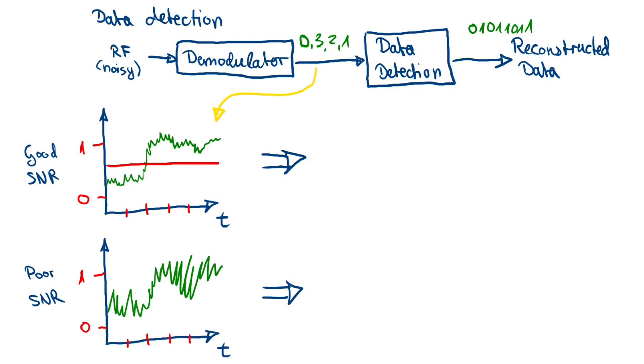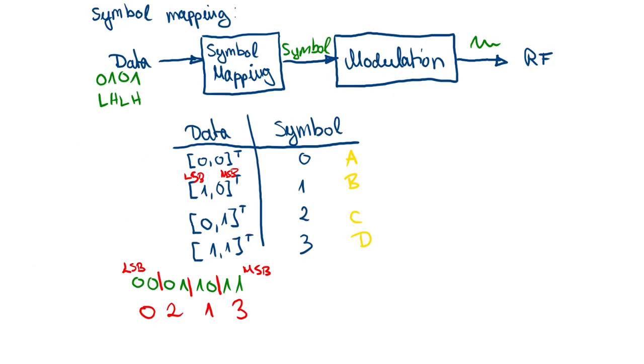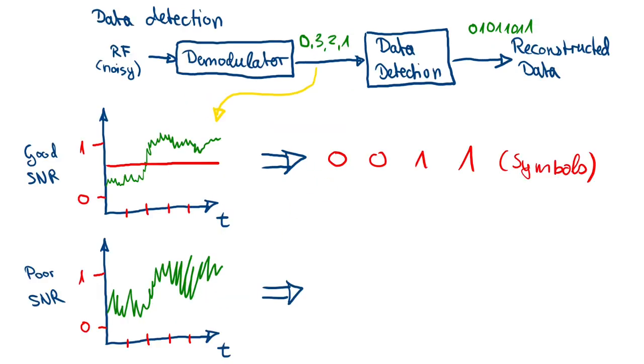So this input symbol stream would decode to the symbols 0, 0, 1, 1, and now these symbols must be mapped to data again. So actually what is done is the inverse function of this assignment here. But as we have only two symbols, we can easily map this to the data.